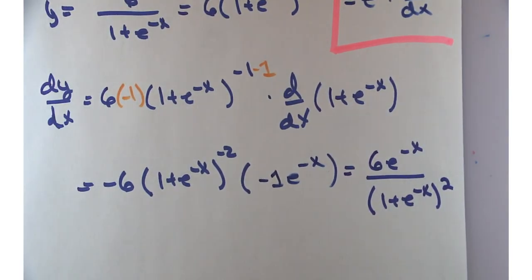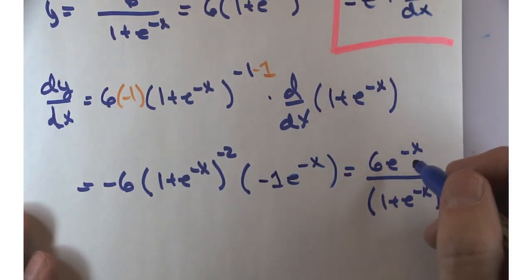Whew. A lot of manipulation on that one. Can you leave the negative x's in? The negative exponents don't bother me too much. You could clean this up a little bit if you wanted to.